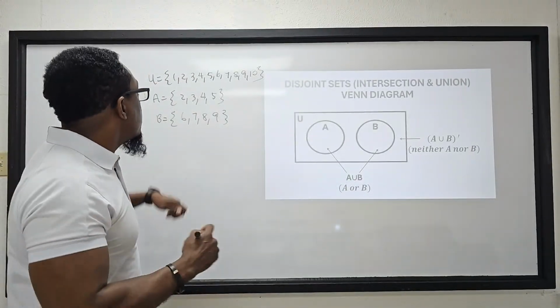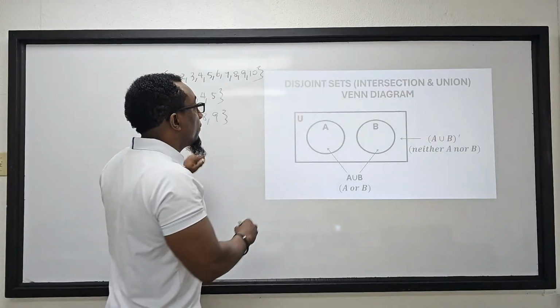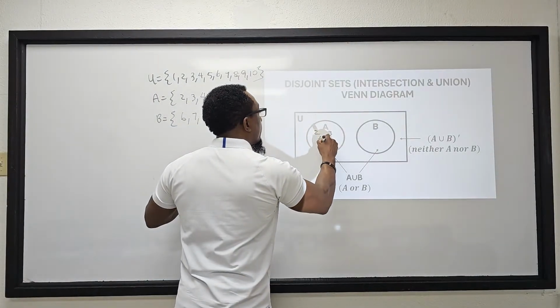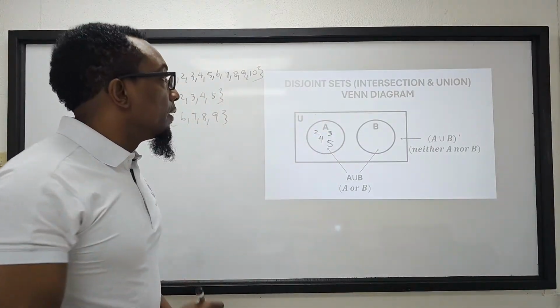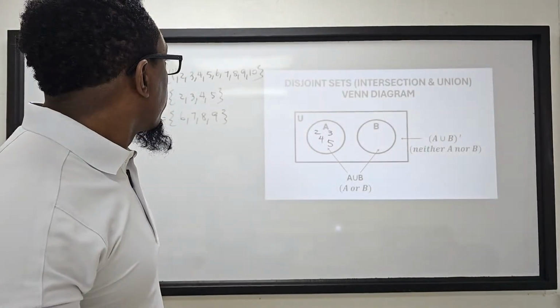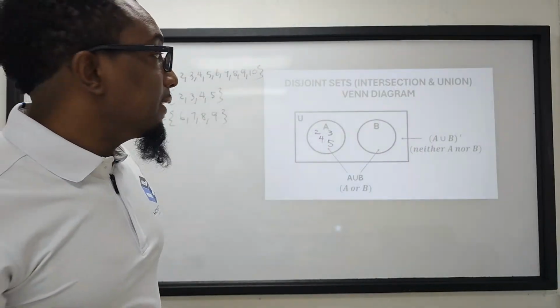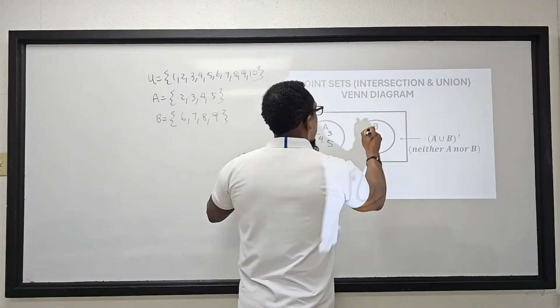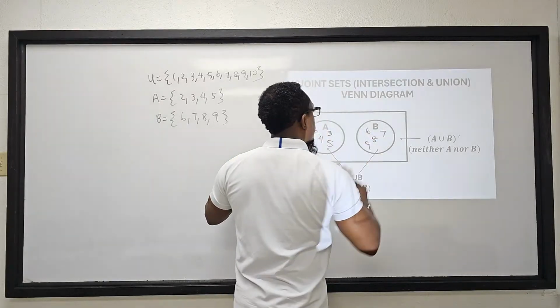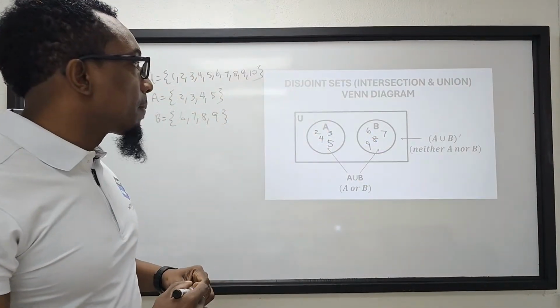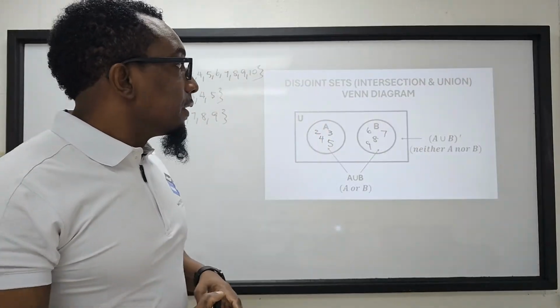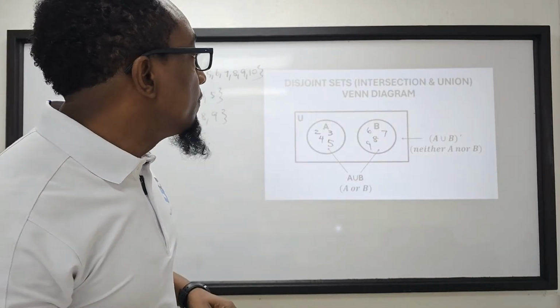So what we're going to do is to place the elements of A, 2, 3, 4, and 5 within set A, the elements of B, 6, 7, 8, 9 within set B, and of course the remaining elements of the universal set.